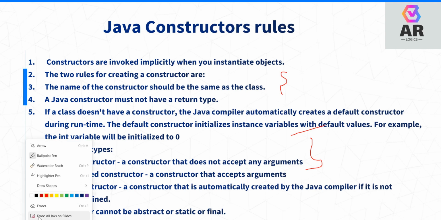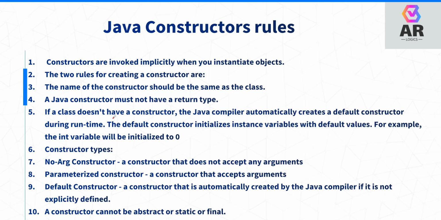Remember, if a class does not have a constructor, the Java compiler automatically creates a default constructor. Suppose you are creating a class and you are not creating any constructor inside the class, the Java compiler automatically creates a default constructor. For example, an int variable will be 0. Constructor types: a no-argument constructor is a constructor that does not accept any argument.